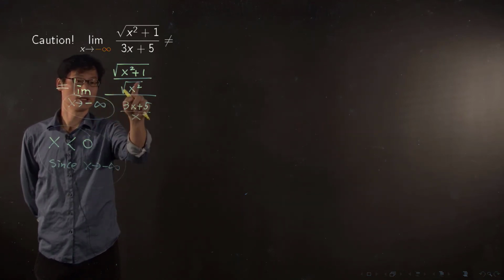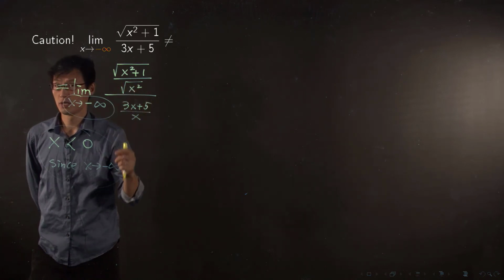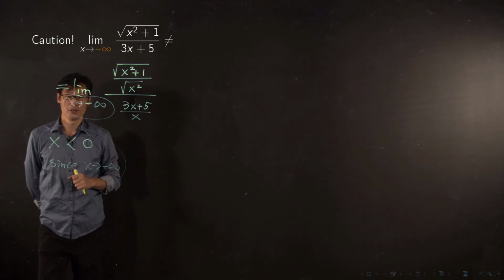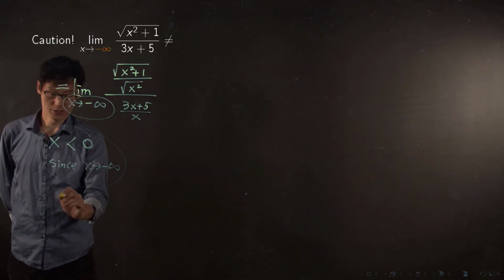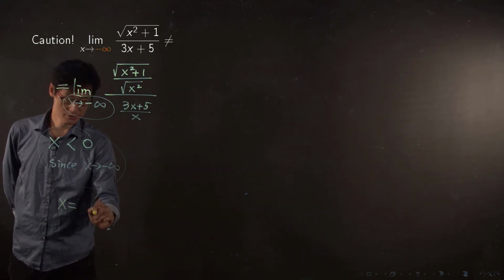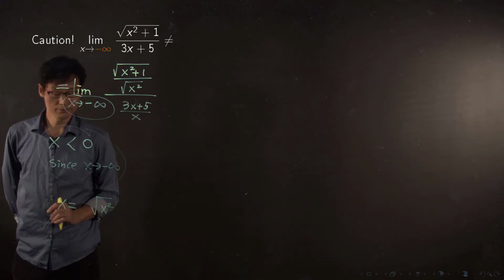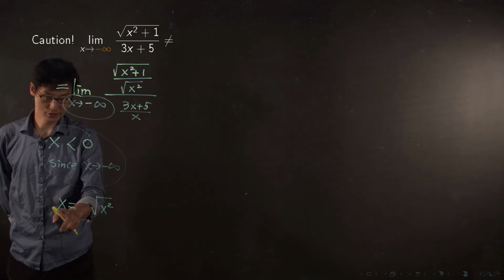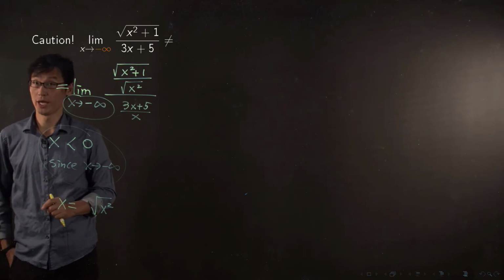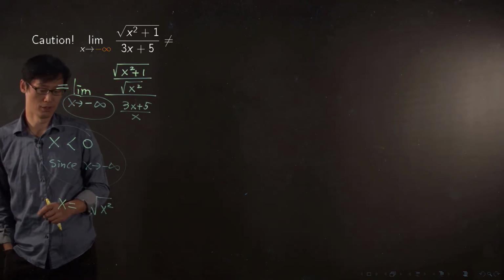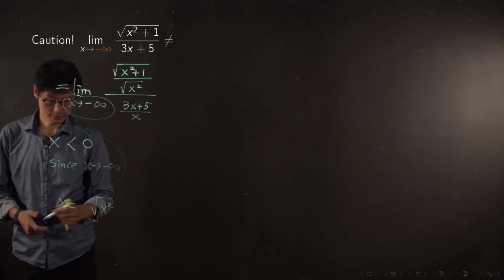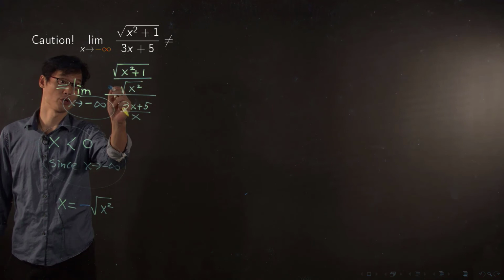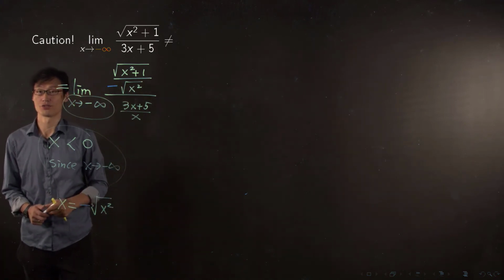So this is something we need to change. This implies that when x is positive, this is true, but when x is negative, we need to put an extra minus symbol like this. So that's why we need to have this extra minus symbol.